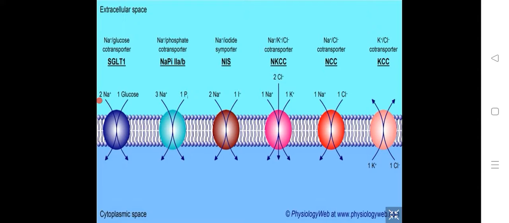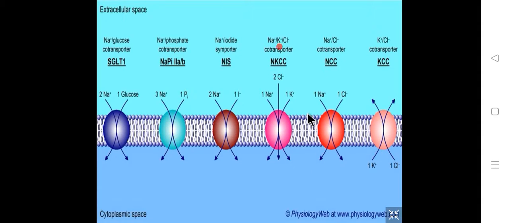So sodium glucose cotransporter, 2 sodium and 1 glucose, coupling stoichiometry 2:1. Sodium phosphate cotransporter 2A and 2B, 3 sodiums to 1 inorganic phosphate, also moving it inside. Sodium iodide symporter, 2 sodiums to 1 iodide, moving in the same direction, abbreviated NIS.